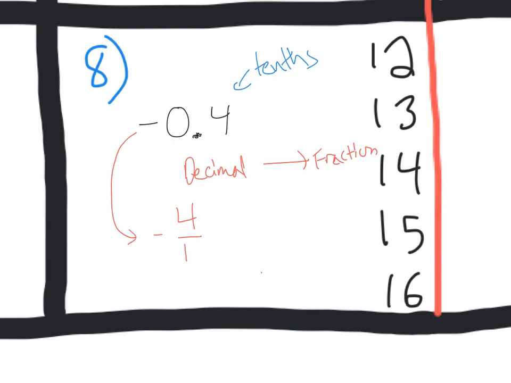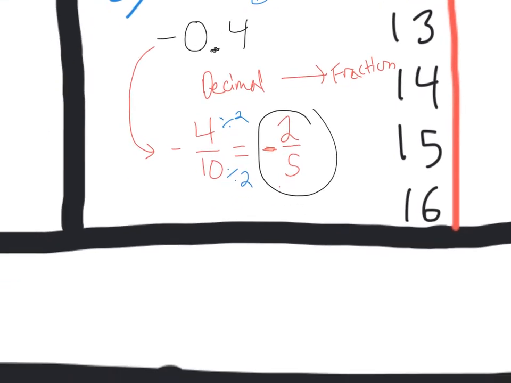So we've got negative 4 over 10. We can simplify that, divide the top by 2 and the bottom by 2. So your final answer should be negative 2 over 5. And there we go. Easy peasy. Next problem, number 9.